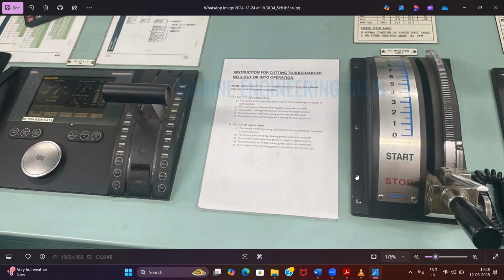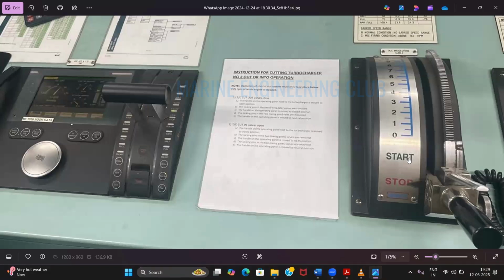But in this type, I have separate. This is to acknowledge the direction and this is to start the engine. Agreed? Now you see here, after stop what comes? Start. So once you put this lever on start and your telegraph is in dead slow ahead or something, only air will be injected.